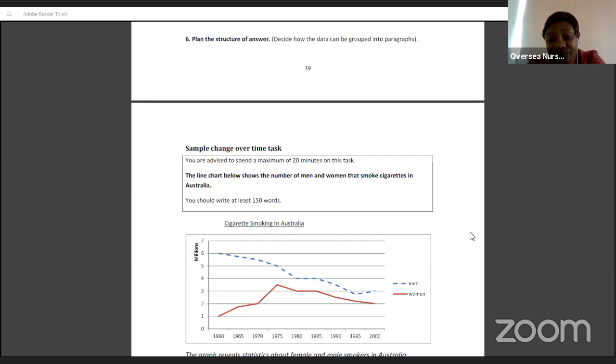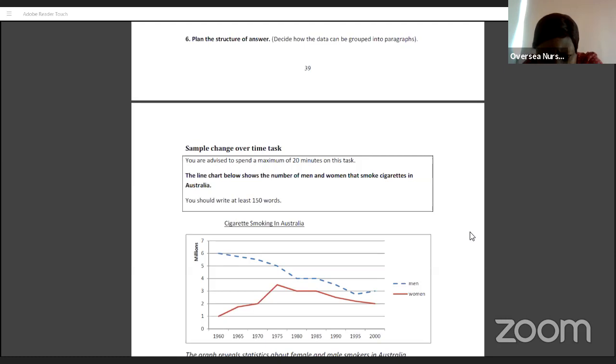Second paragraph. The men that were involved in smoking started, or the number of men started from 6 million. Then it reduced gradually onto 4 million in 1980, where it maintained a steady outcome until 1985 or thereabout, and then started to decrease, and it plunged.